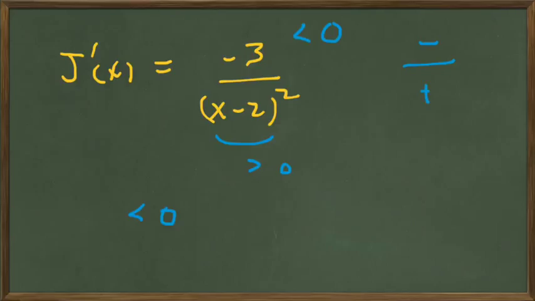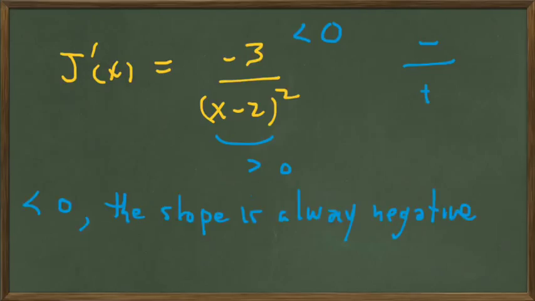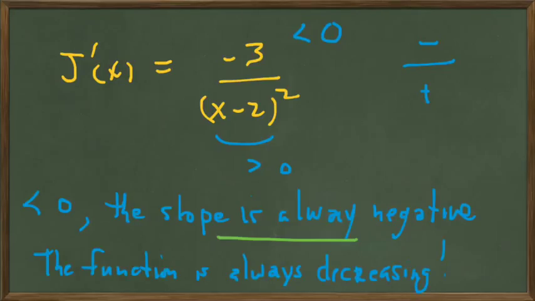So what happens when a derivative is always negative? When a derivative is always negative, that means the slope is always negative, and that means the function is always decreasing. So in this case, we haven't just calculated the derivative, but we've applied it, and we found out quite a bit about this function. We have a function that's always decreasing.